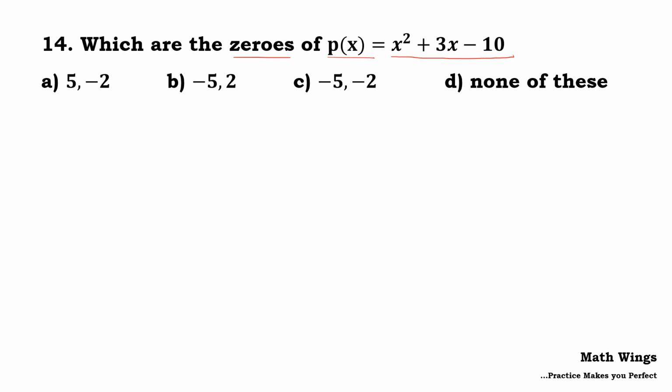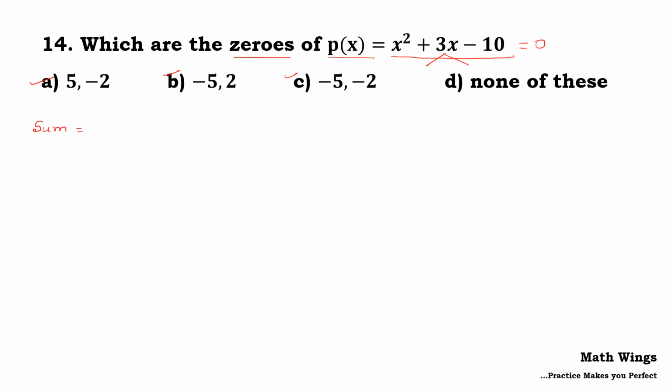One, we can just split the middle term to find the zeros of the polynomial. Or you can just substitute the values from the options and check whether you are getting the polynomial equal to 0. You can go with any way. So let us go with one by one method. If we go with the splitting middle term method, what is the sum here?